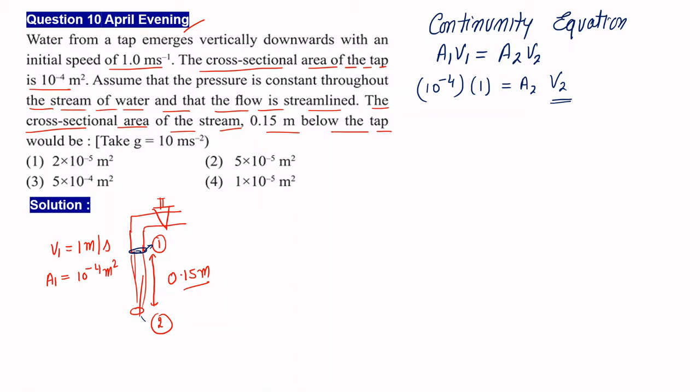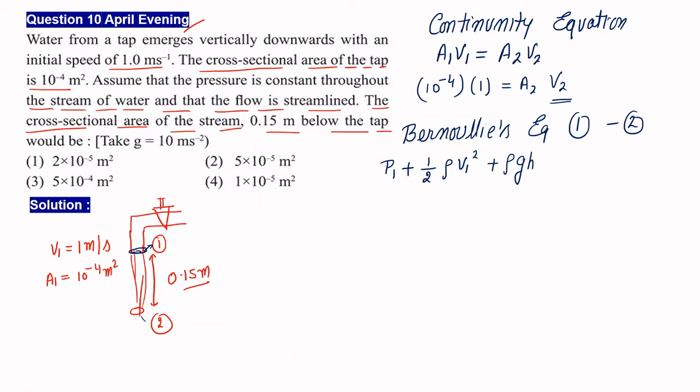Now we are going to apply Bernoulli's equation at points 1 and 2. So we write P1 plus half rho V1 square plus rho g h equal to P2 plus 1 by 2 rho V2 square.